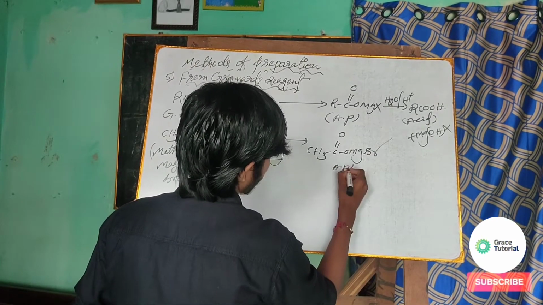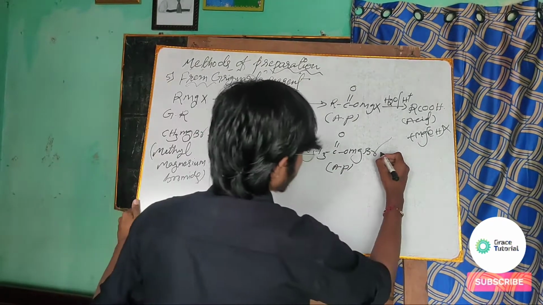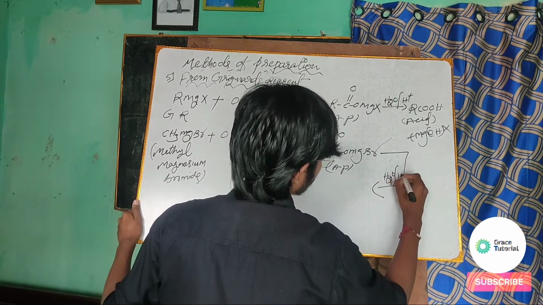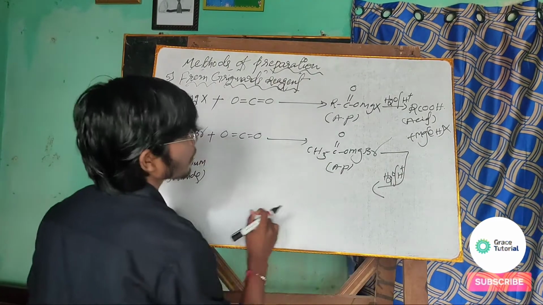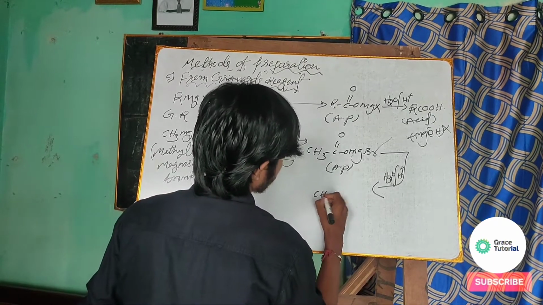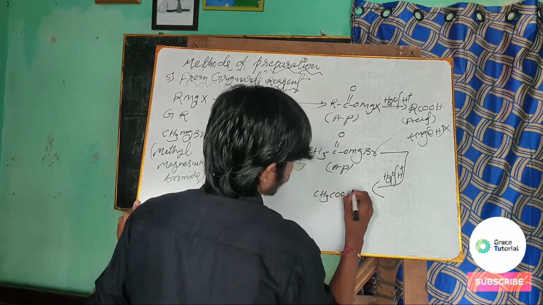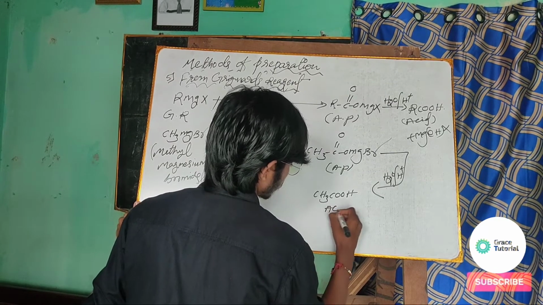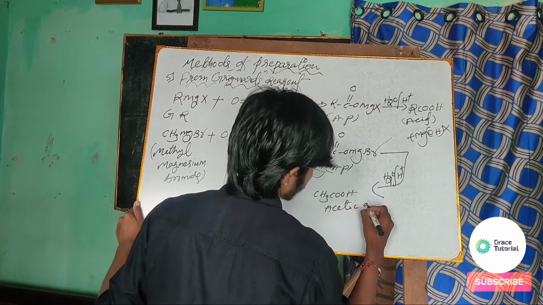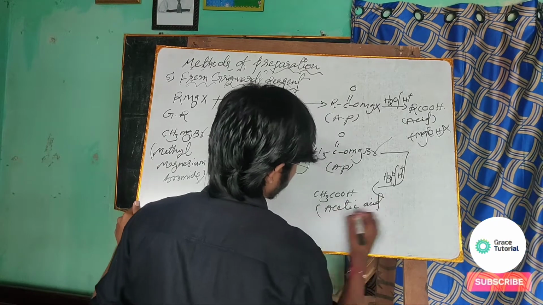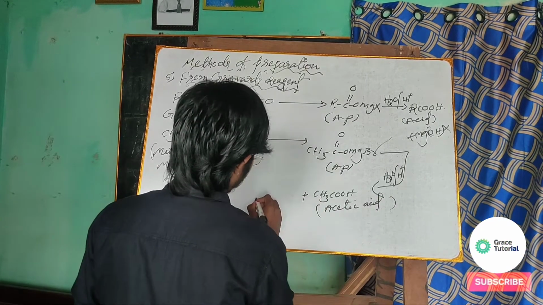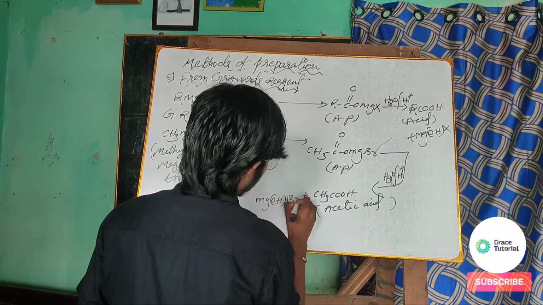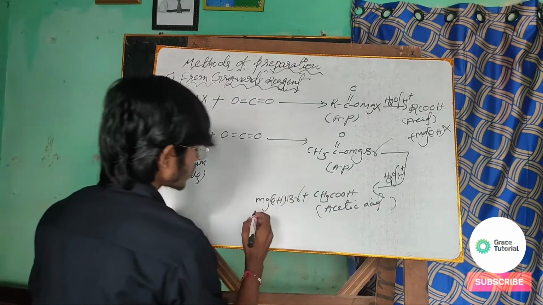This is the addition product, and on further hydrolysis it gives CH3COOH, acetic acid, and MgOHBr, magnesium hydroxy bromide.